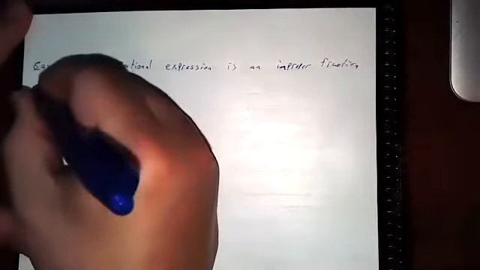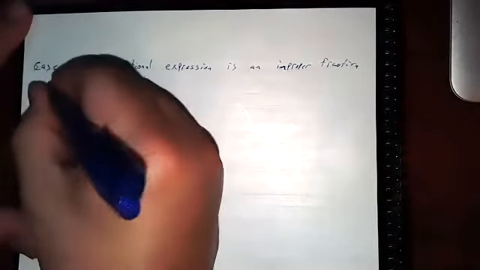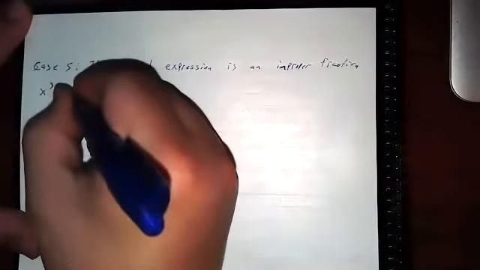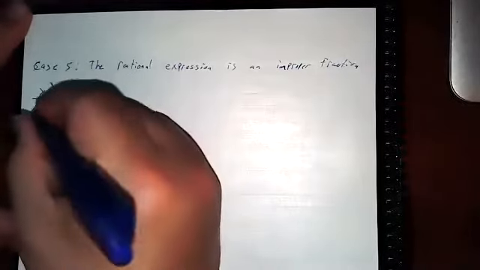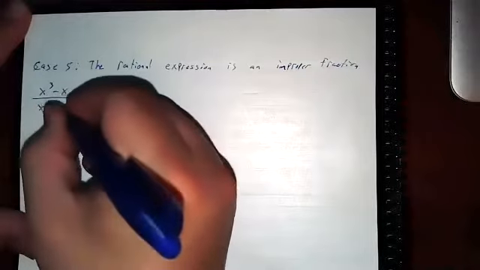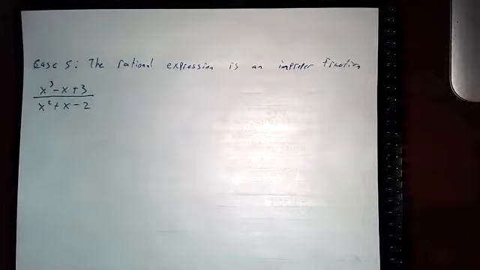So for example, let's say you have (x cubed minus x plus 3) over (x squared plus x minus 2). So if that happens, you're going to have to do long division.